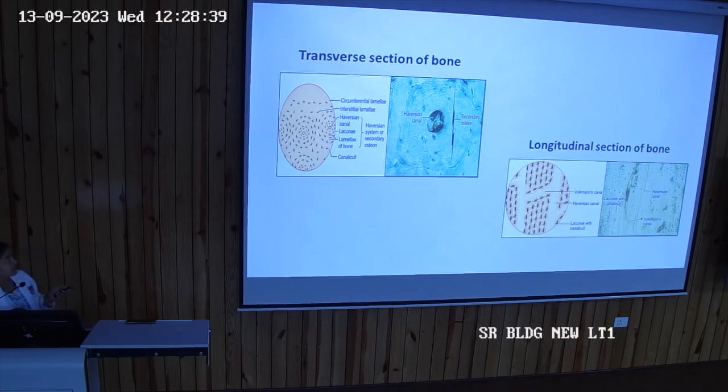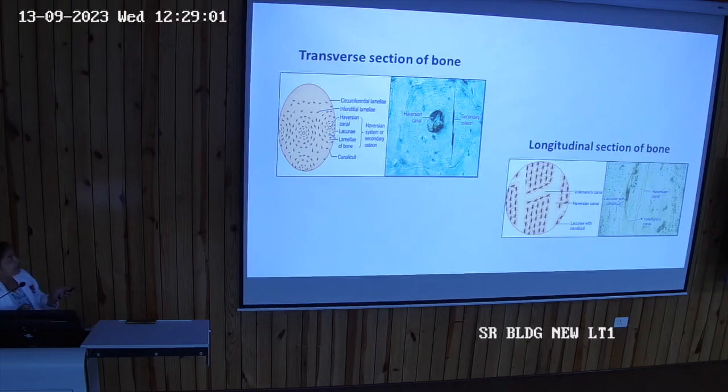So this one is the Haversian canal. Around this Haversian canal, we can see these dashed areas. These dashed areas are called the concentric lamellae. And what does a single dash contain? It contains a lacuna which is filled with an osteocyte.